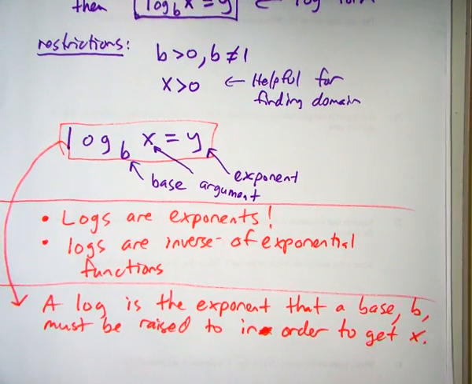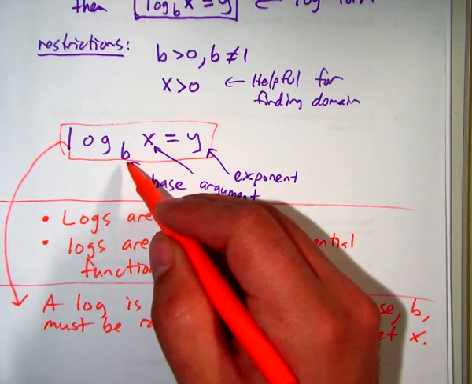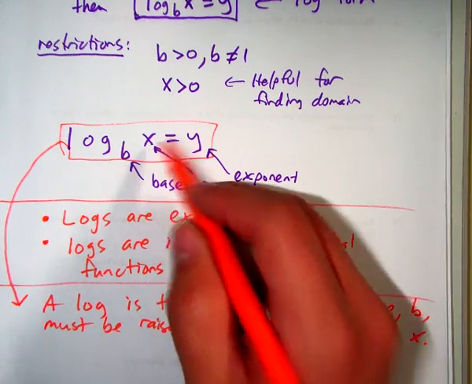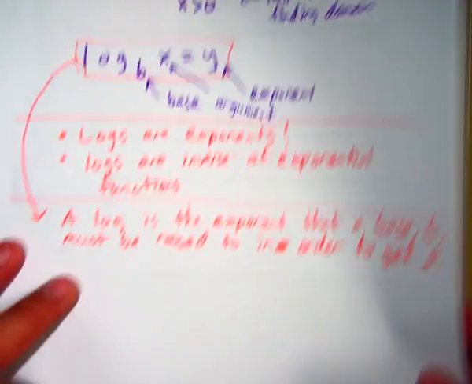So this is the exponent that b has to be raised to to get x. That's a good way to think about it. And that'll help you do some of the things that you need to do in this section.